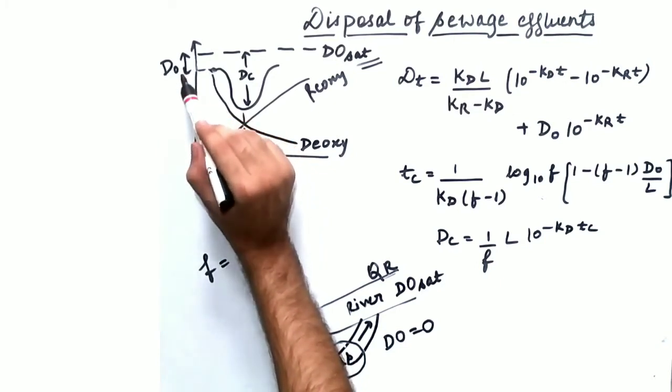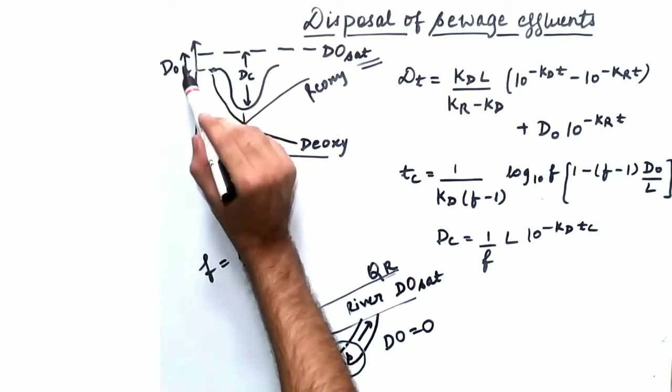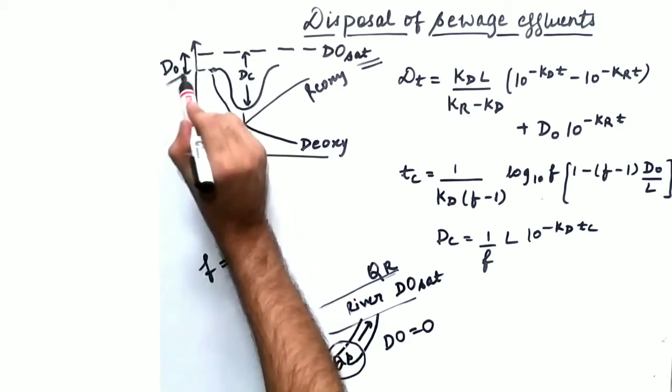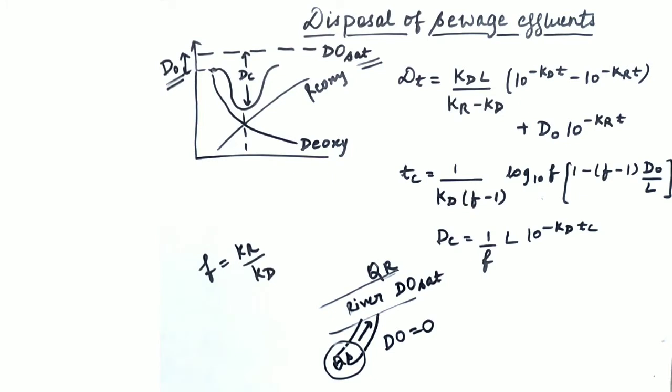This dip in the oxygen level is called as the dip, and this dip is represented by D0. This is the symbol to represent the initial reduction in the oxygen level when you add the stream. Instantly whatever reduction happens in oxygen, that is called as D0.